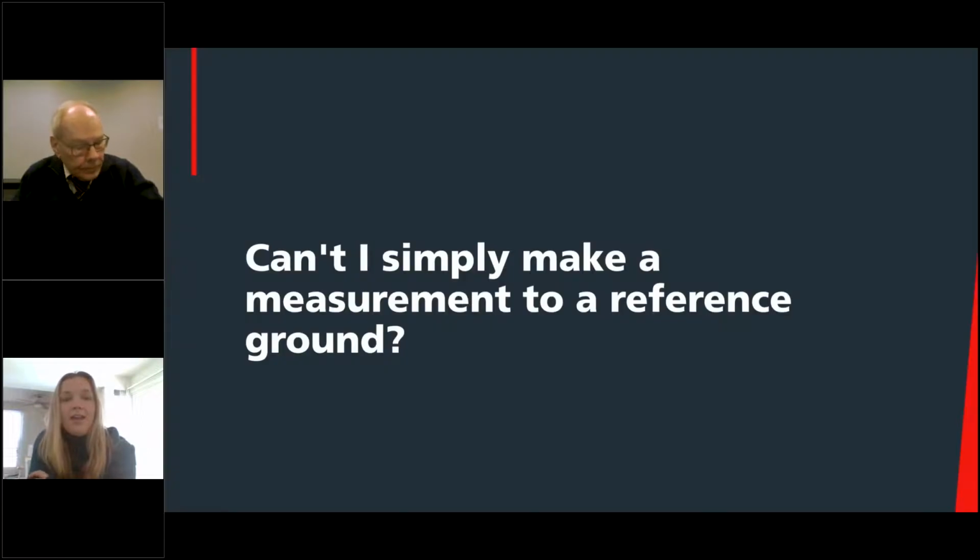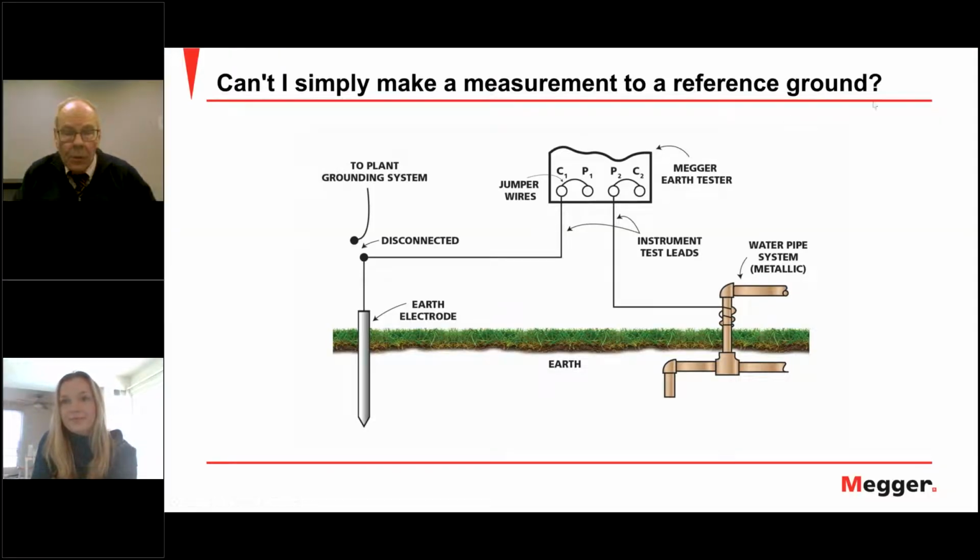Okay. And can't I simply just make a measurement to a reference ground? Yes, you can. And that's what we just described as the dead earth method. Let me mention that this is actually described in the IEEE 81. So if you're dealing with a third party and you don't have any other method, you're down at Times Square and you need to make a test, you can do a 2-terminal only if no other possibility exists.